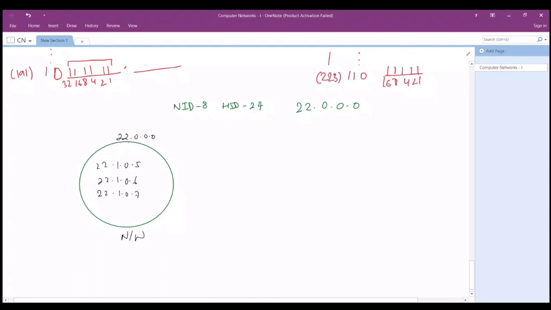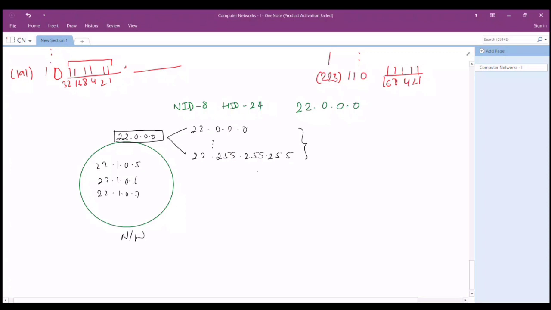I told you, right? So if we have this particular network, how many IP addresses are possible? It will start from 22.0.0.0 and it will go till 22.255.255.255, right? So these are the number of IP addresses which are possible, but the first IP address is reserved for the network ID and the last IP address, which I will talk to you about, is also reserved.